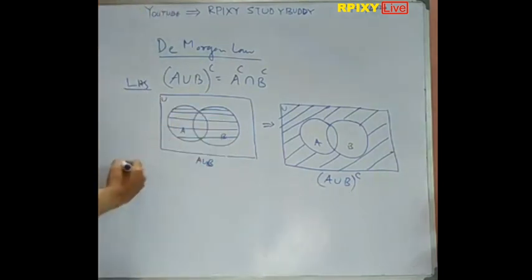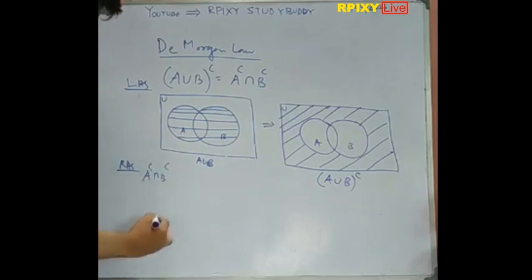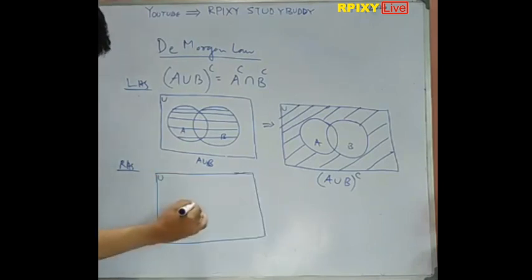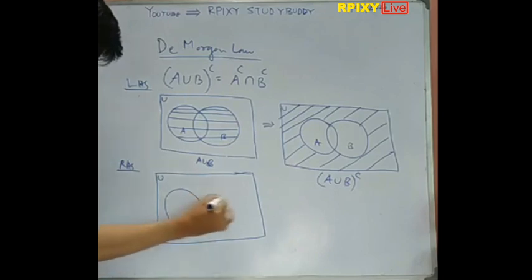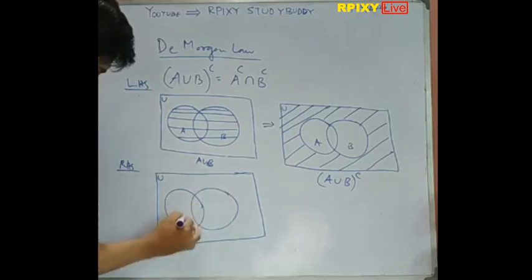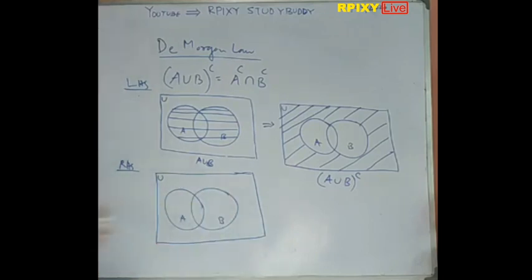Okay, now take the right hand side. The right hand side is A complement intersection B complement. This is the universal set, this is set A, this is set B. Now first I am taking A complement. If A is the set, what will be the complement of A?